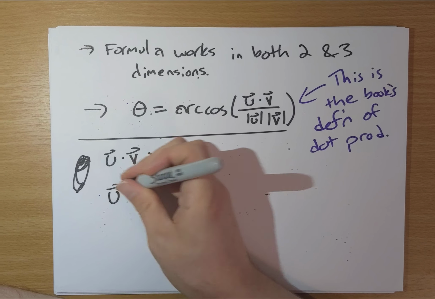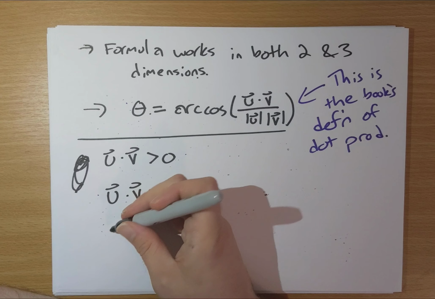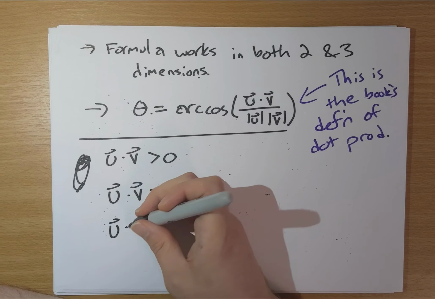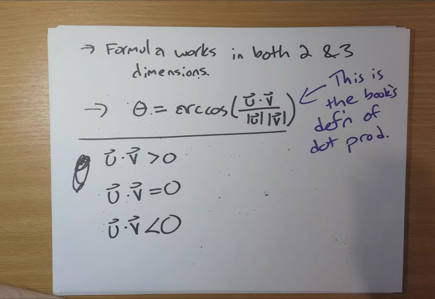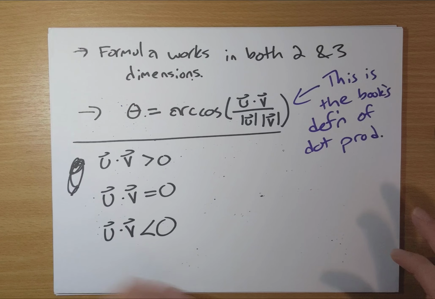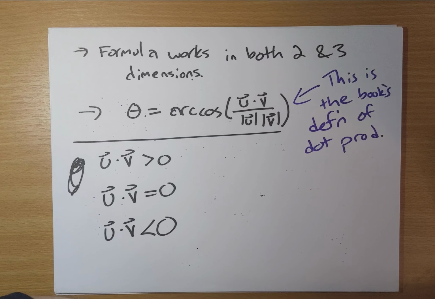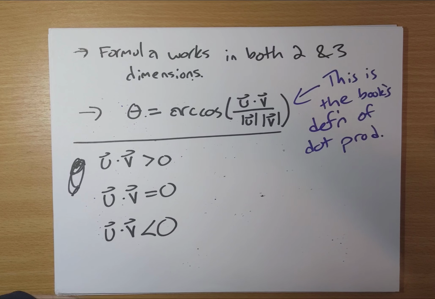There are three cases that we could have for a dot product. It can be positive, it can be 0, or it can be negative. And each one of these three cases is going to tell us something about the angle in a big overall qualitative sense.